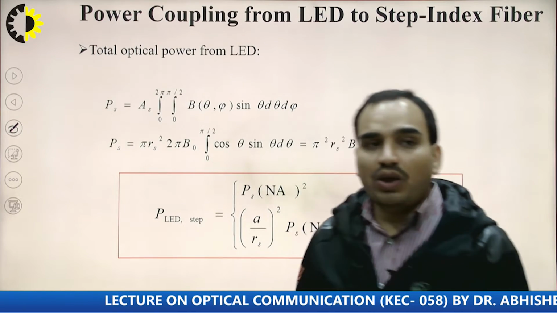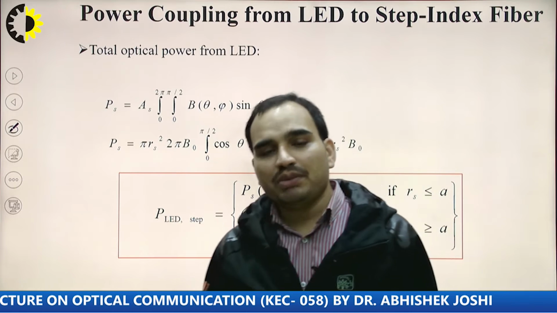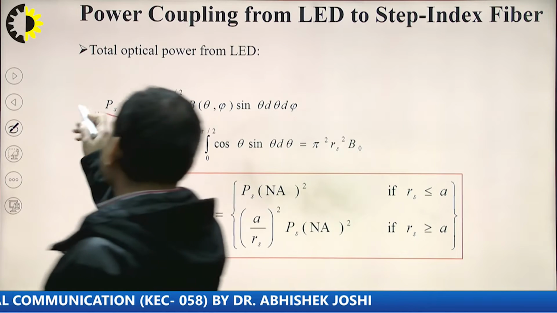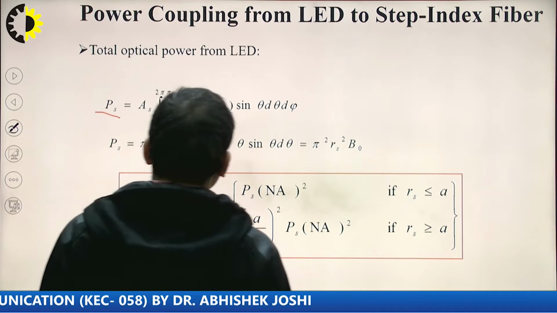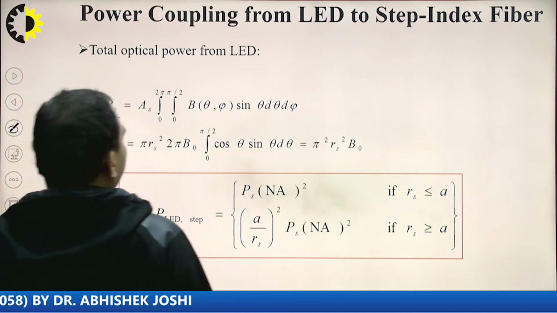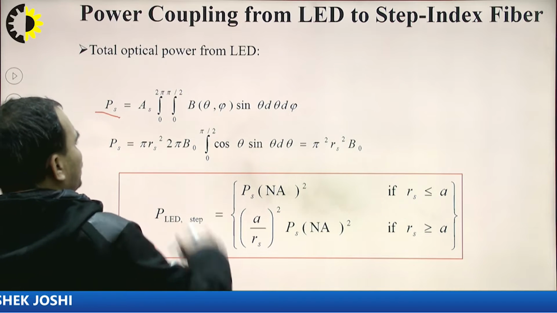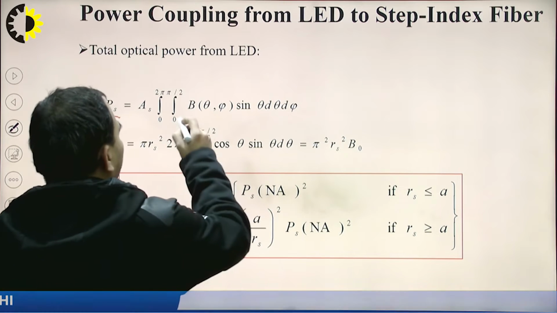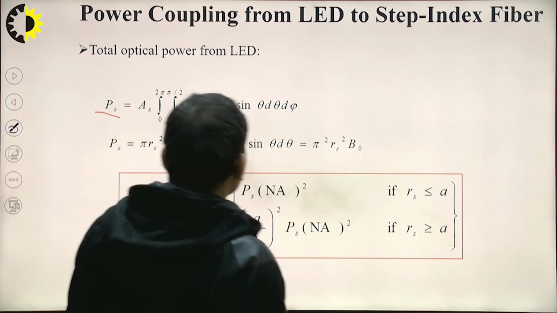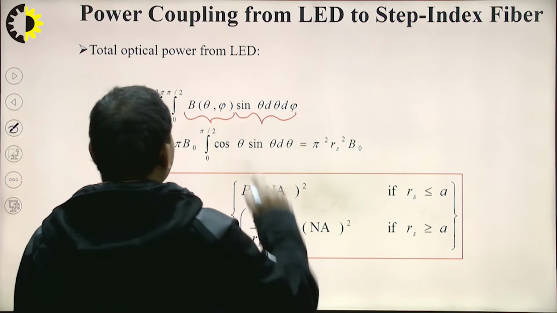So the total optical power from the LED, that is, how much power will be emitted from an LED source, is given by PS equals AS, integrating theta from 0 to 2 pi and integrating phi from 0 to pi by 2, that is 0 to 90 degrees, of the brightness B theta and phi, sin theta, d theta, d phi.